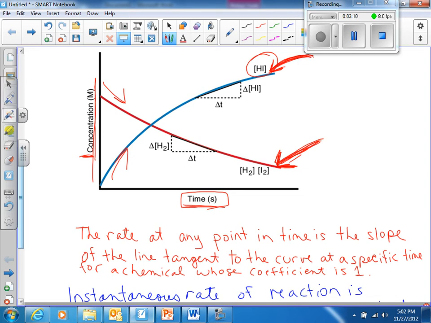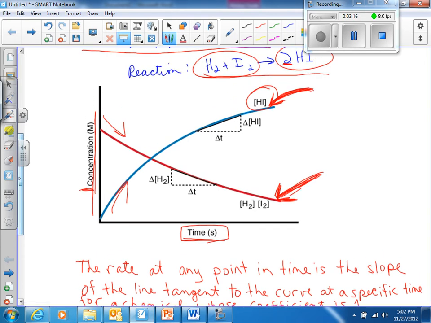So for this class, anyway, we're going to talk about reaction rates being based on anything in the reaction with a coefficient of 1. So for this reaction, we would base the rate on H2 or I2. Or if we only have information about HI, we could just divide by 2 to make the coefficient 1.